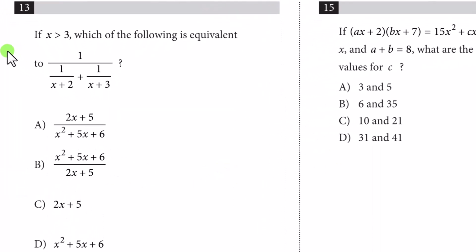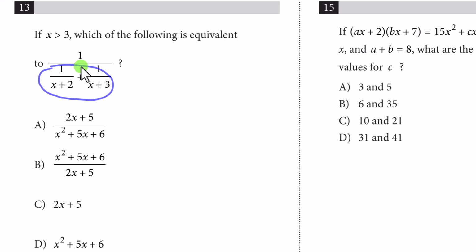Question number 13. So in this case, x is greater than 3, and which of the following is equivalent? All right, this is just a matter of fractions, and what you want to do is just reduce everything down. So what we're going to do is start with this bottom part here. We want to add them together. Again, in order to add fractions, you have to have a common denominator.